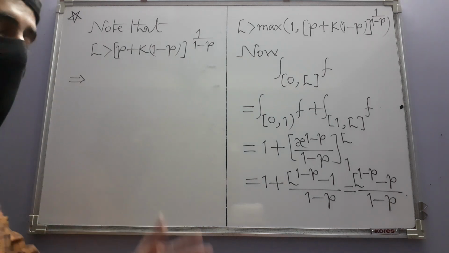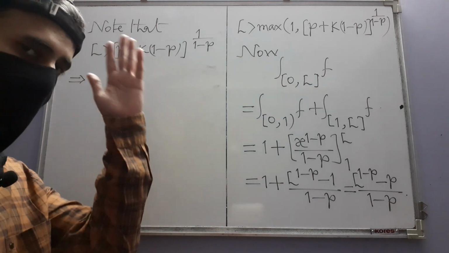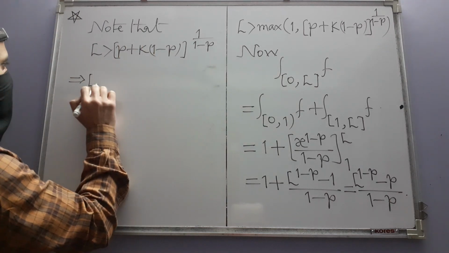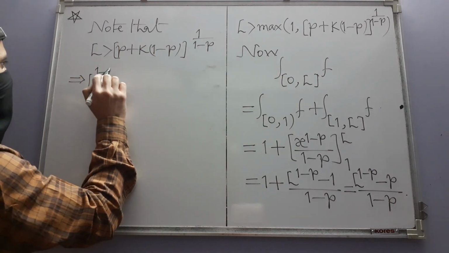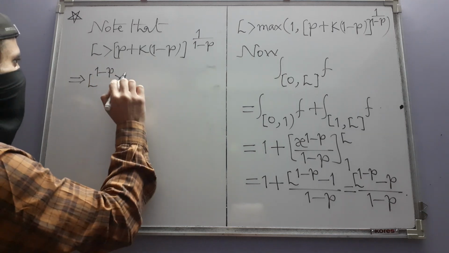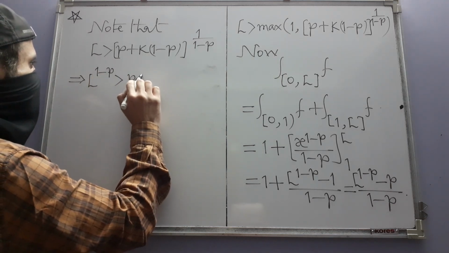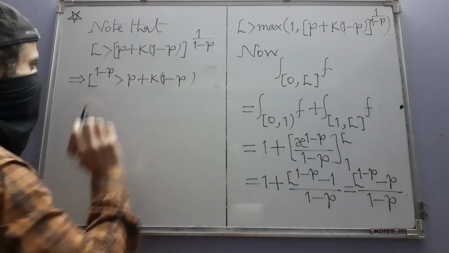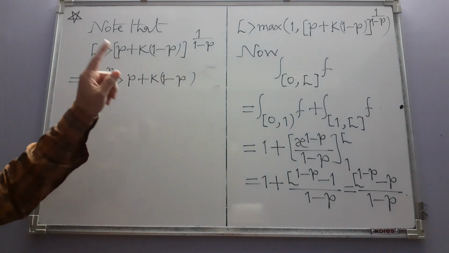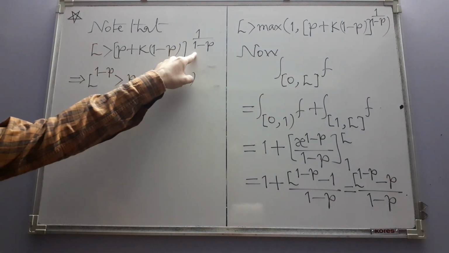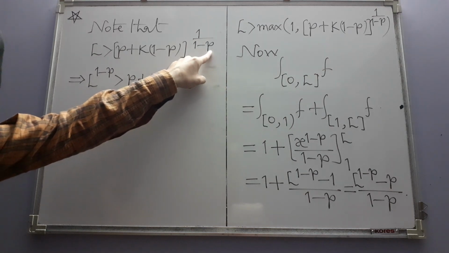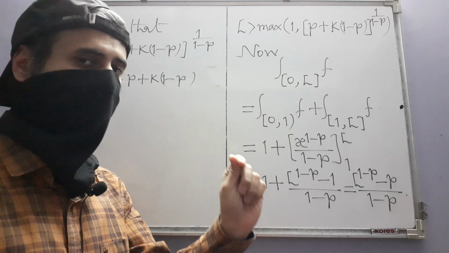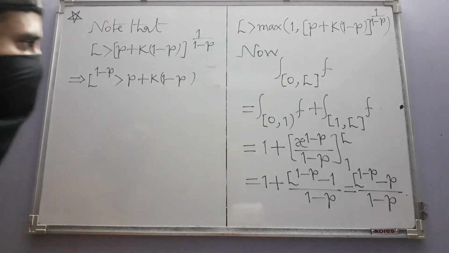Using the rules of exponents that we already proved way back, L to the power 1 minus p is greater than this. Note also carefully that because of our condition that p is less than 1, 1 minus p actually is a positive real number.